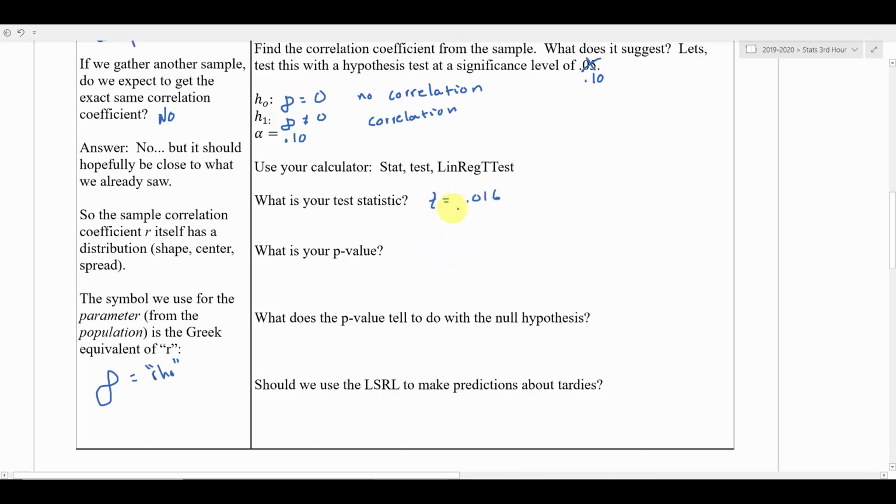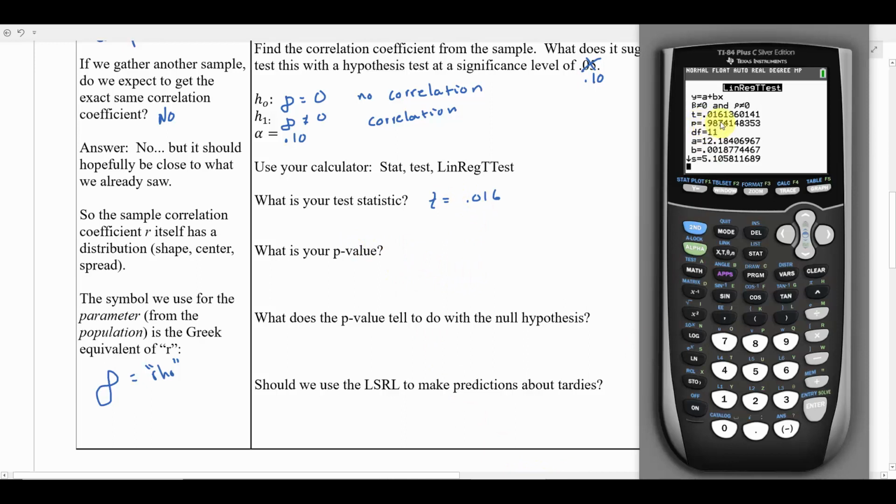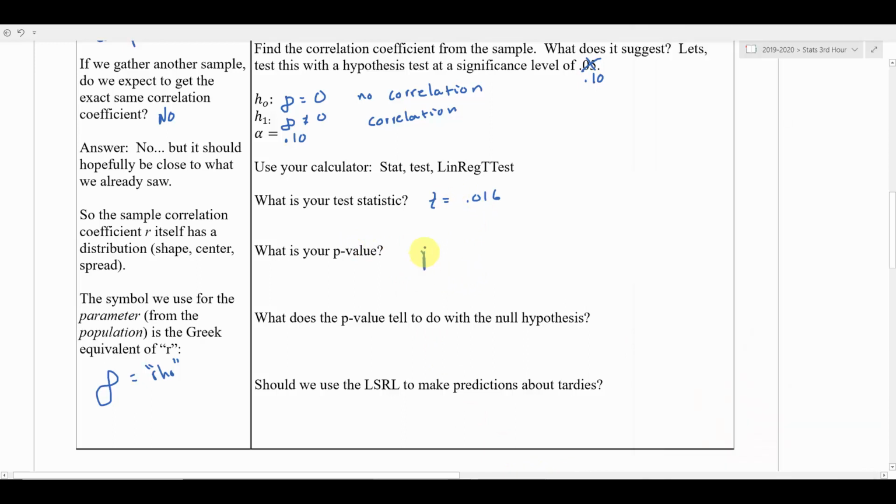So what is the probability of this happening, right? That's what the p-value tells us, and we get our p-value right here. I'm going to say my p-value is 0.98. So there's a 98% chance of getting this test statistic by random chance.